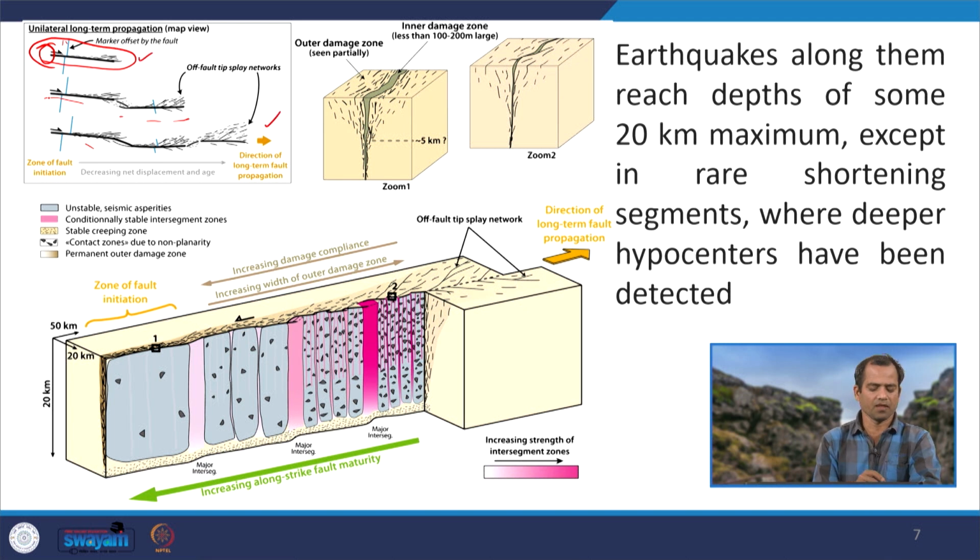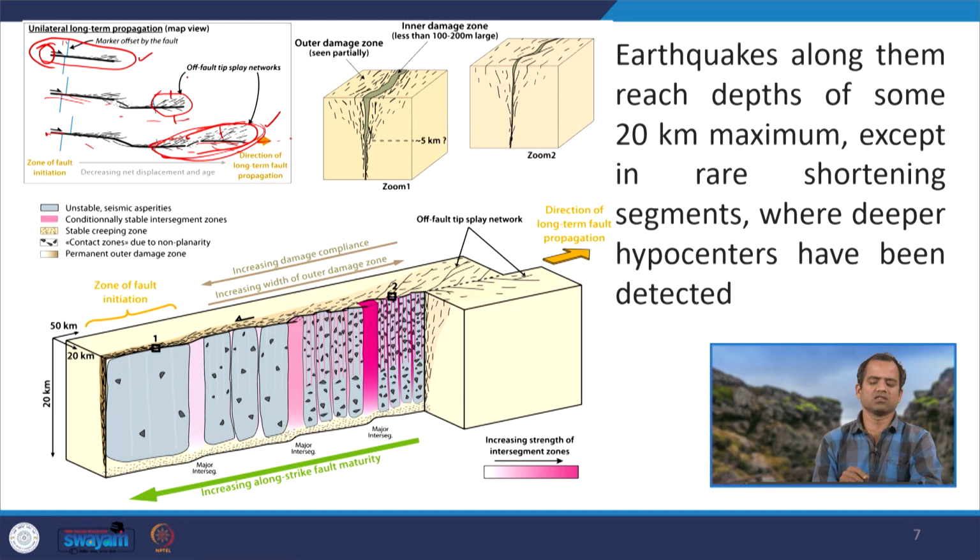On the map section it looks like a broom, and this is the initial part, and finally this fault is growing in this way. Gradually the width of the deformation zone is increasing, and finally this fault is divided into a zone. Earlier it started as a line from a point, and now it is divided into a zone.